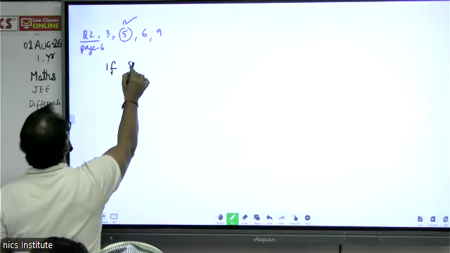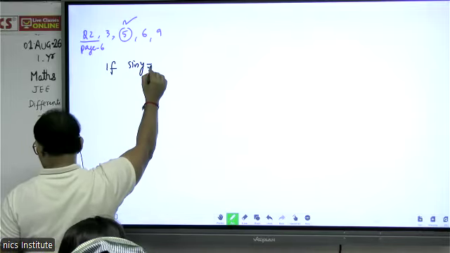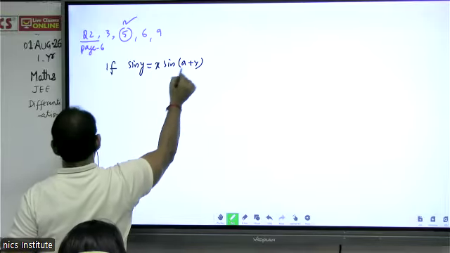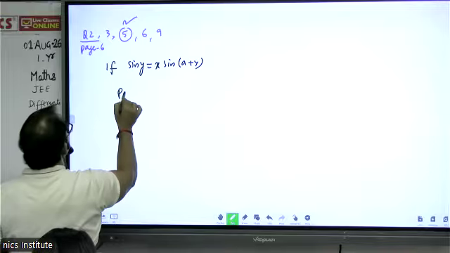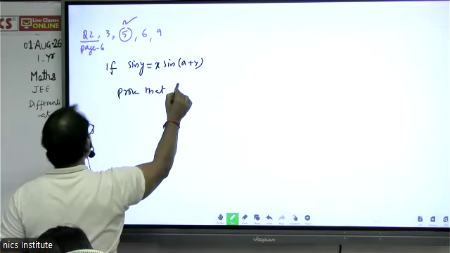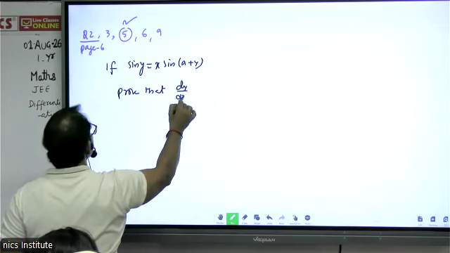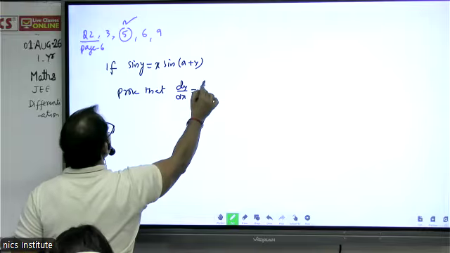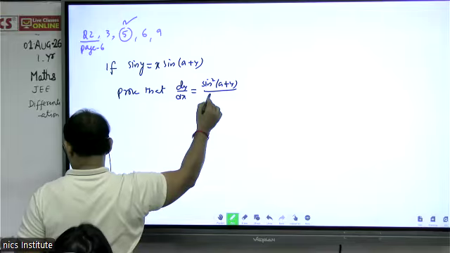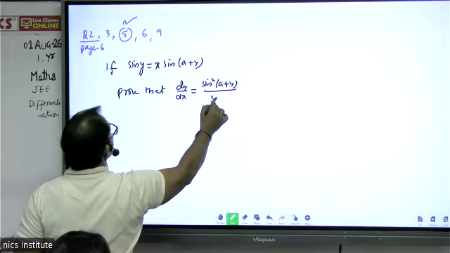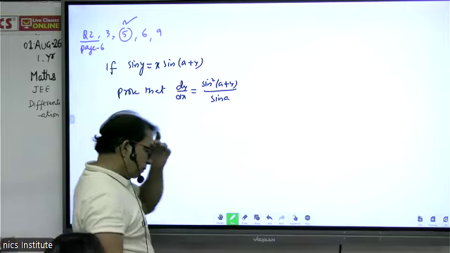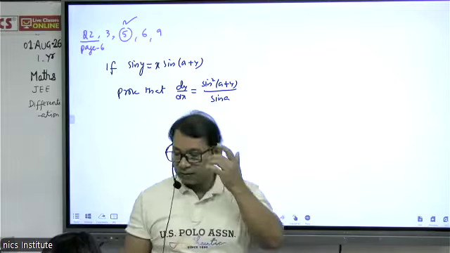If sin y is equal to x sin(a + y), prove that dy by dx would be sin²(a + y) over sin a. Now, this could be in the form of MCQ also. So, it's equally important for board also and entrance.